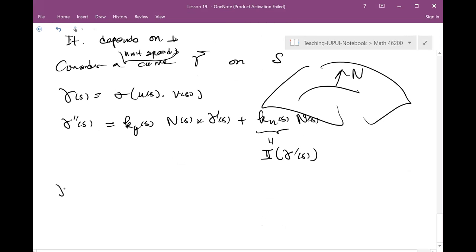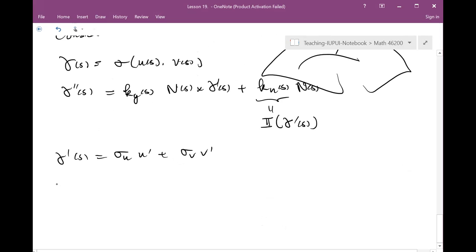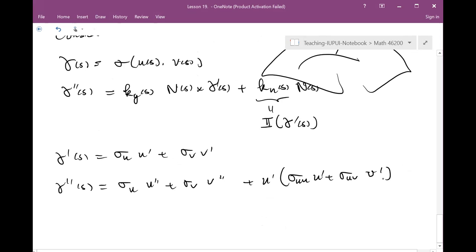Okay, so let's find the first derivative. First derivative is sigma u u prime plus sigma v v prime, right? The second derivative is going to be sigma u u double prime plus sigma v v double prime, and then the product rule, right? So u prime, sigma uu u prime, sigma uv v prime, and plus v prime, sigma vu u prime, sigma vv v prime.